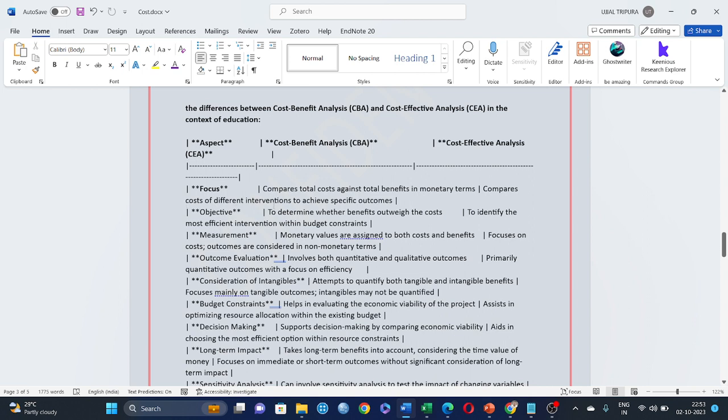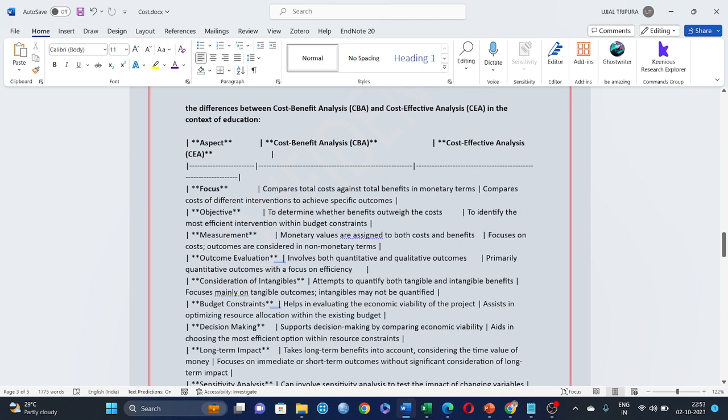In cost effective analysis, you are giving different teaching methods and providing ICT integration and materials. What are they seeing? Student achievement, a specified goal, right? This is cost effective.